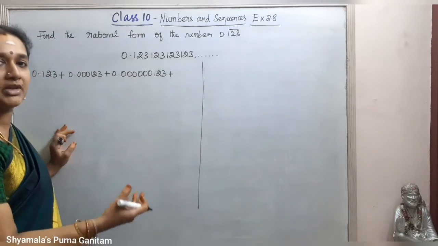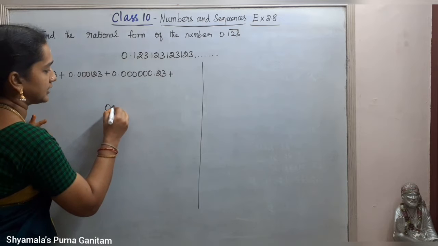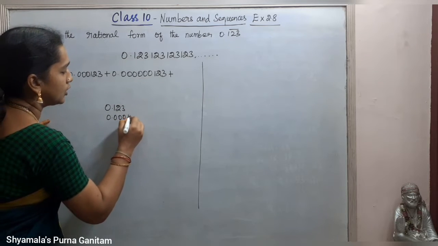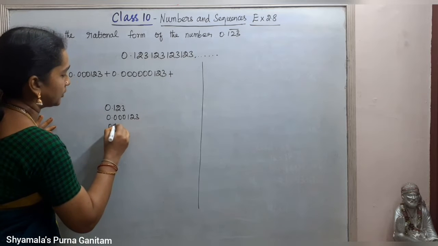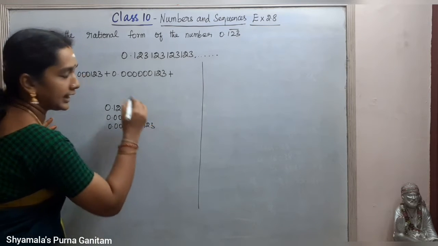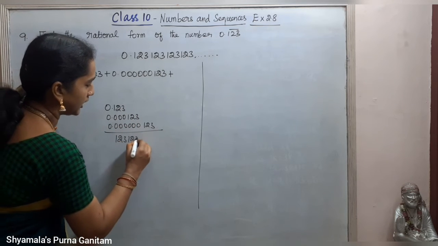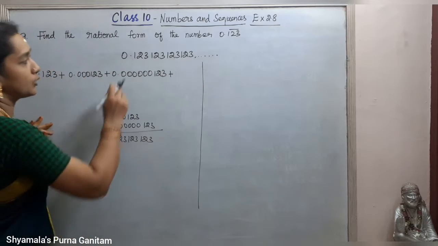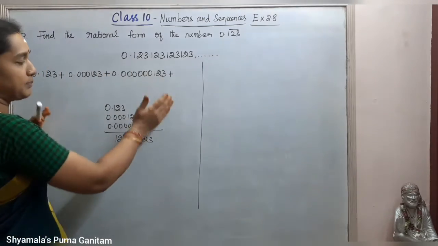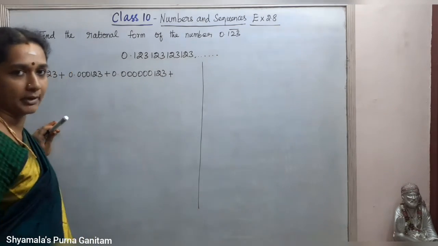In the next term we have to write 9 zeros. When we add all these, 0.123, 0.000123, then 0.000000123, like this we get 123, 123, 123. Like that we are expanding this for finding the rational form of the given number.